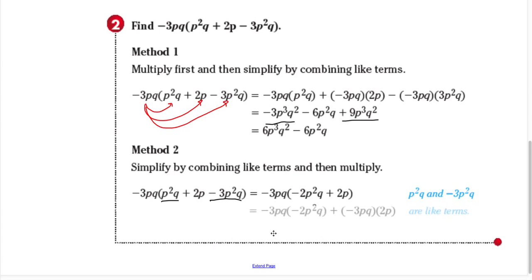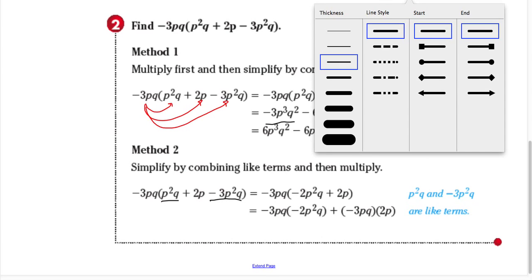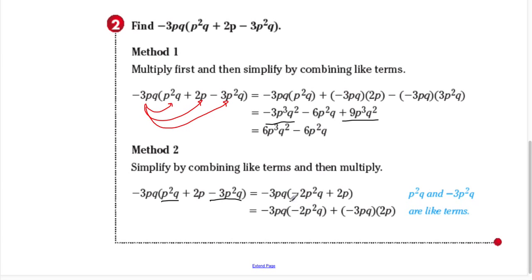And then we simply multiply by using the distributive property, and that's what you get here. And then you end up with 6p cubed q squared minus 6p squared q, which is the same as we got in method 1, by combining our like terms first and then multiplying second.